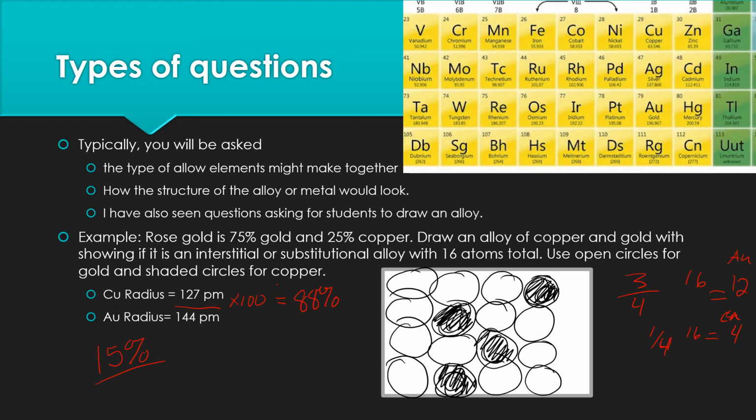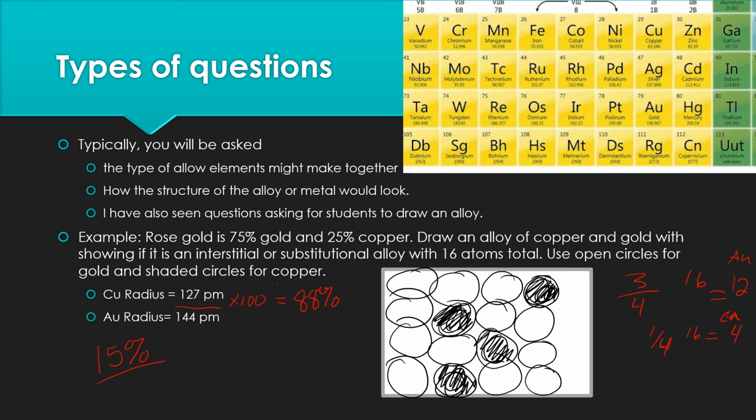We've drawn 16 atoms. We've shaded in the copper, which is only 25% of the atoms. We have left open circles for the other 75%, which are the gold atoms. And we've shown that they're substitutional by having them about the same size. I'd probably clean it up a little bit if I was doing this on my test, but this is an answer that we can use.